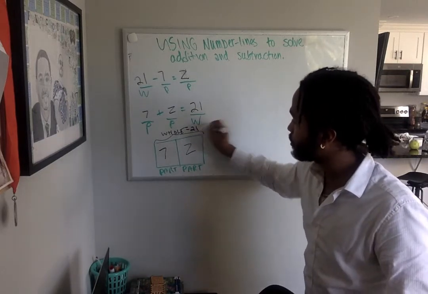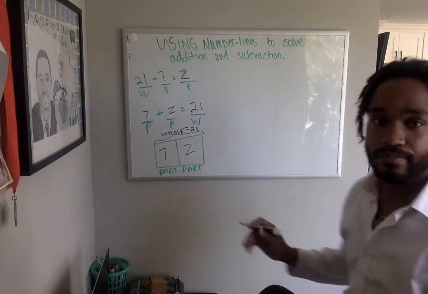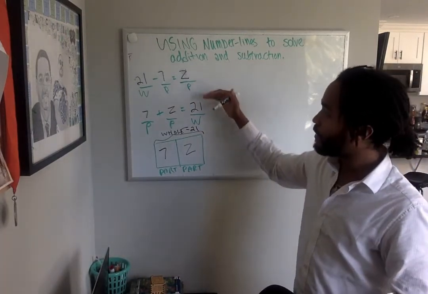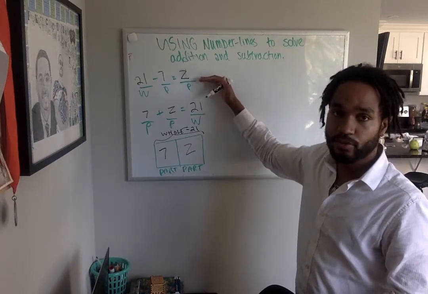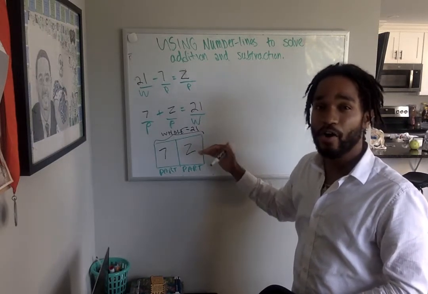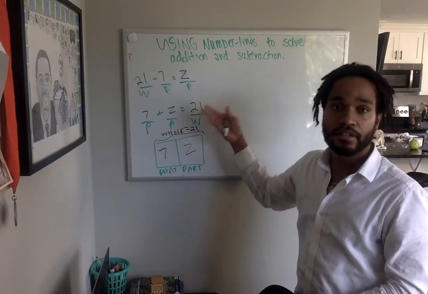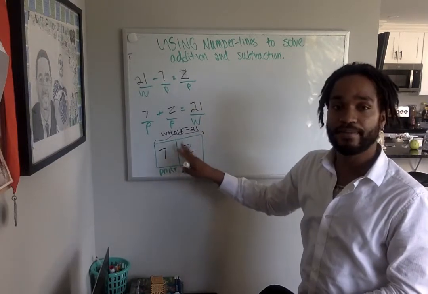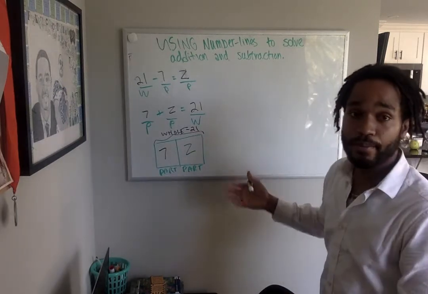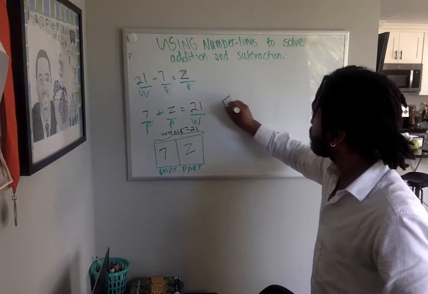The whole is 21. This is a good visual for kids to understand, all right, even if I'm not really skilled in subtraction, I could flip it to addition, and it will help me try to find that missing number. And also the tape diagram gives you another visual. To bring it to a number line, I'm going to draw my number line.